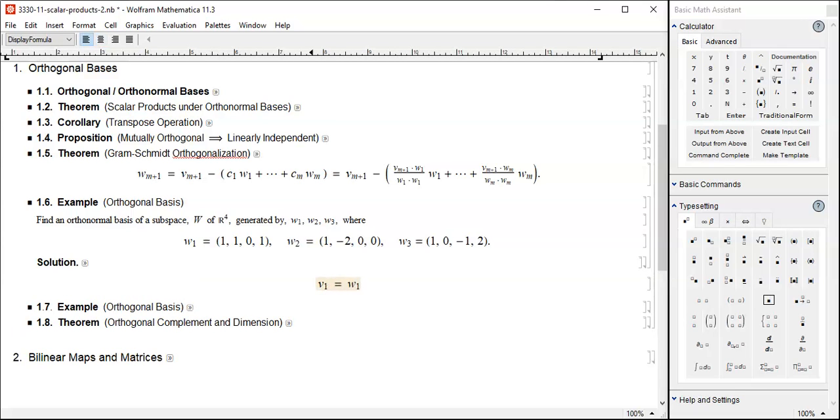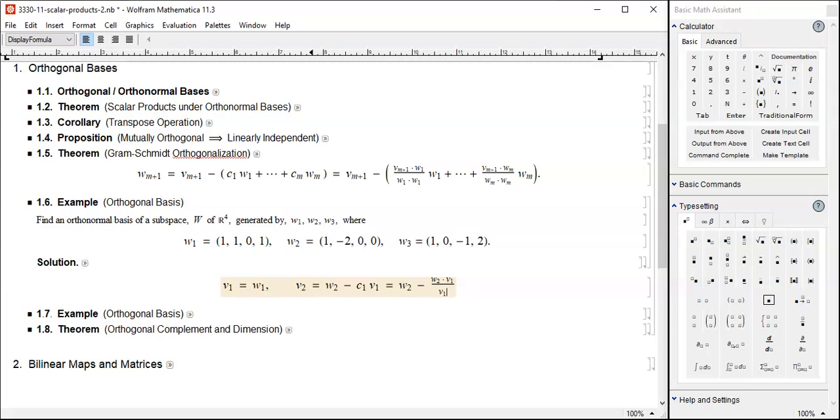V1 is equal to W1. Okay, that's good. V2, we have to do it by W2 minus C1 V1, which is W2 minus, let's see, the dot product of W2 and V1 over the dot product of V1 and V1, like this.